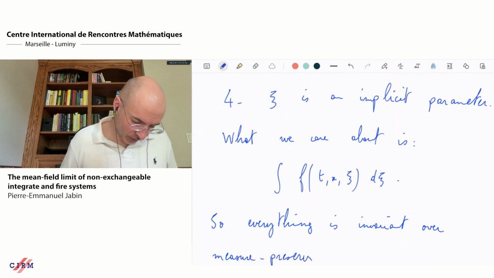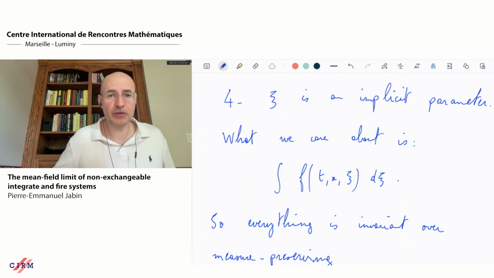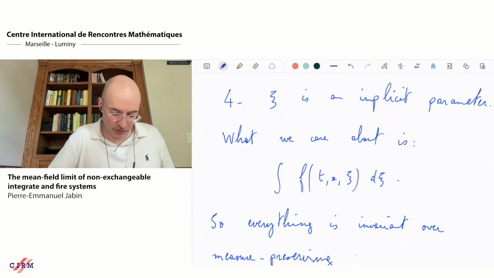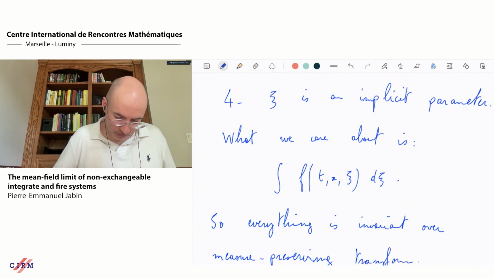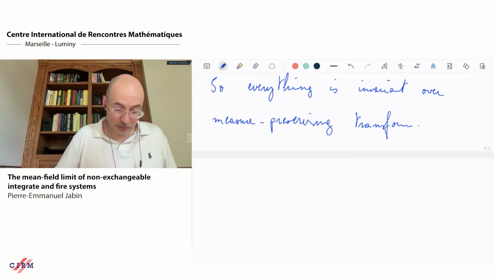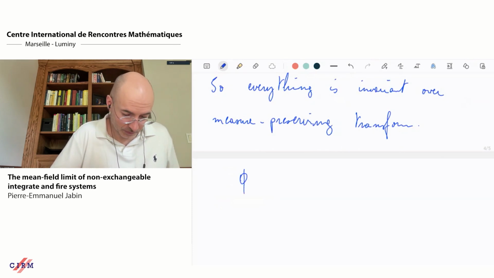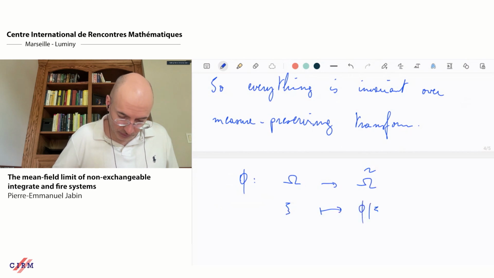Right, so everything is invariant under measure preserving transforms. Let's assume they are bijections to keep things simple here. You can do much crazier than that. So what I'm saying is I can do a transform: I can have a phi that is going to go from omega to another space, omega tilde, so psi is going to become phi of psi, which is psi tilde.